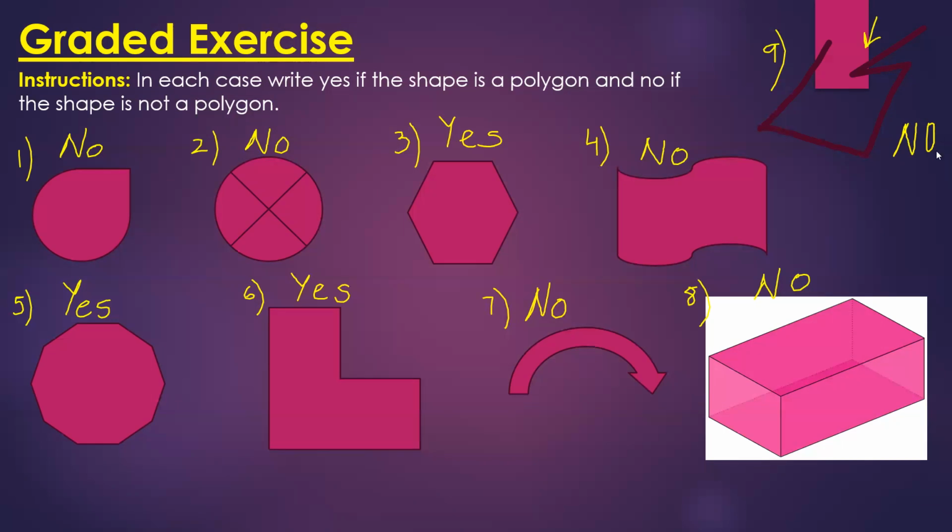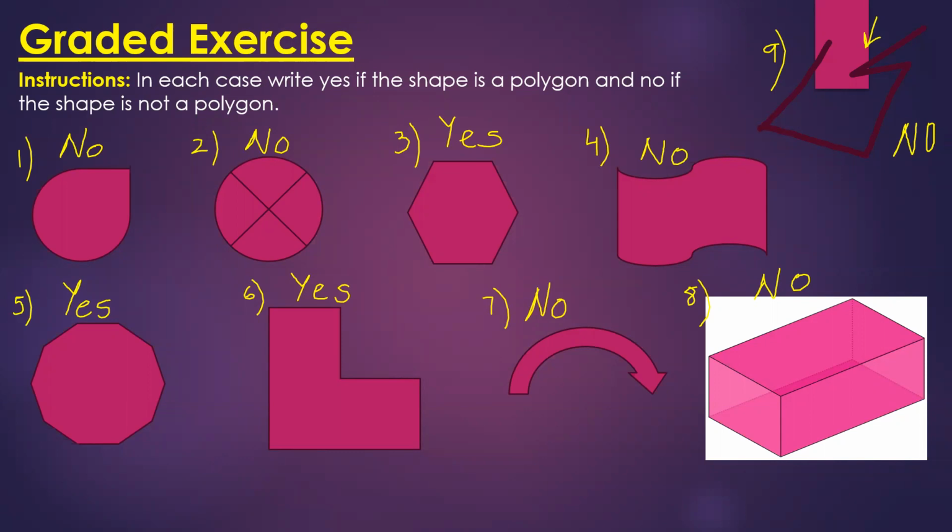And number 9. I'm going to ask Micah. Micah, is number 9 a polygon? Hello, Mr. Petit, you can hear me? I can hear you loud and clear. Is number 9 a polygon? No. Okay, why do you say so? Is it a polygon, yes or no?